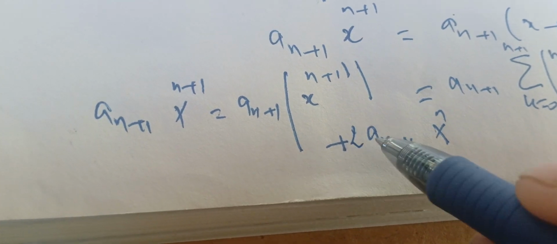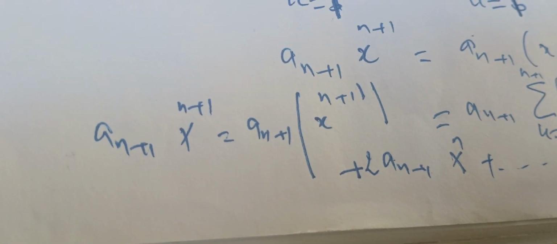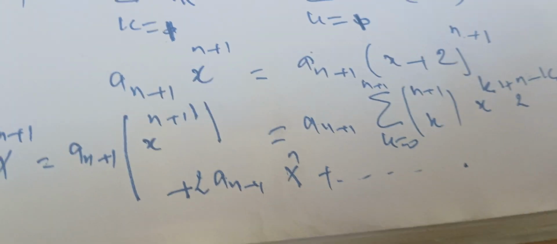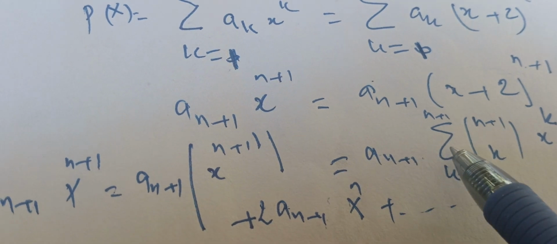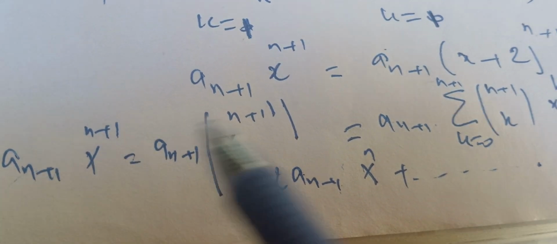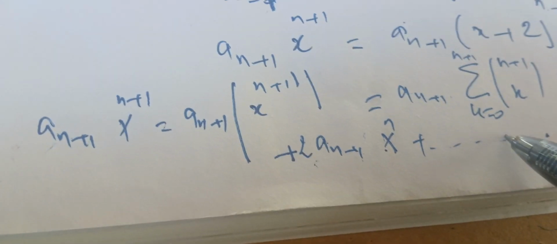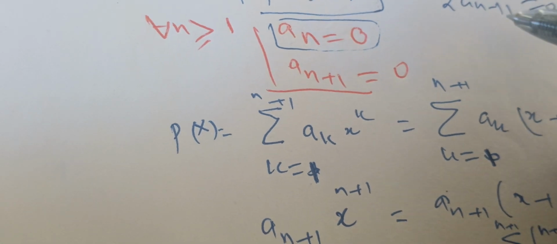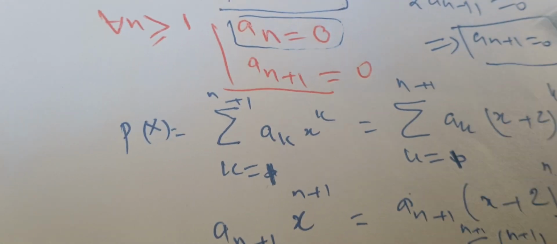It's going to be 2a_{n+1} x to the power n plus other terms. So this first term here, a_{n+1}, will go with this one here, and this one here is going to be 0. So we're going to have 2a_{n+1} is 0. That means a_{n+1} is 0, and that's what we have to prove.